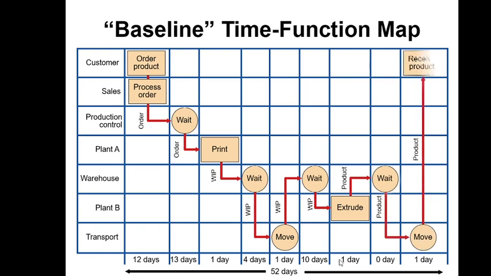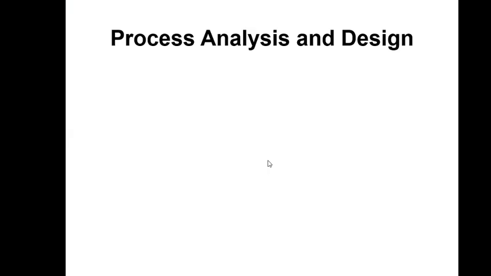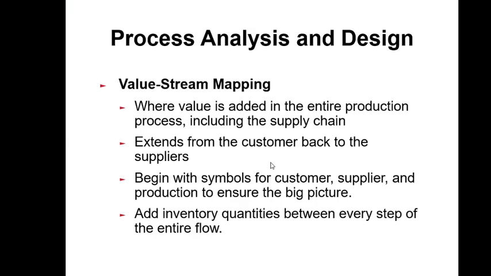Now there is another term in the process analysis and design, which is value stream mapping. I will show you the figure now. What's the meaning of value stream mapping? It shows where value is added in the entire production process, including the supply chain.